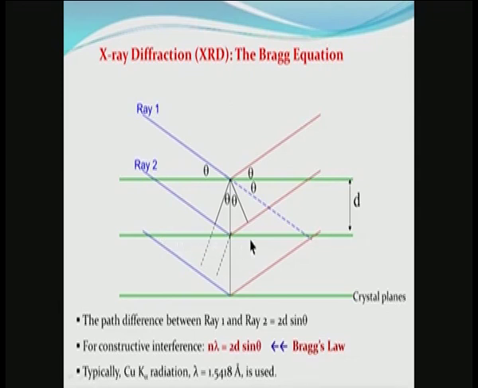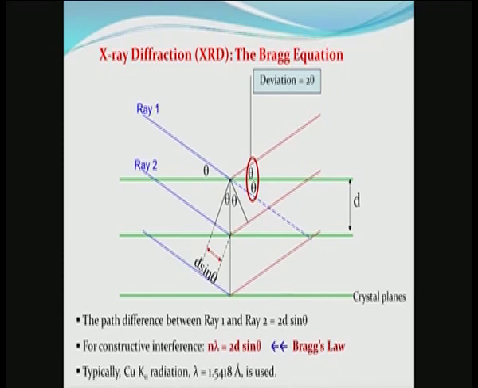So, you have crystal planes that are represented by these green lines. So, you have parallel crystal planes between which the separation is d, and X-rays come in and get scattered from the surface. So, you have ray 1 and ray 2, and then the path difference between them, as shown here by the simple trigonometric equation, is 2d sin theta.